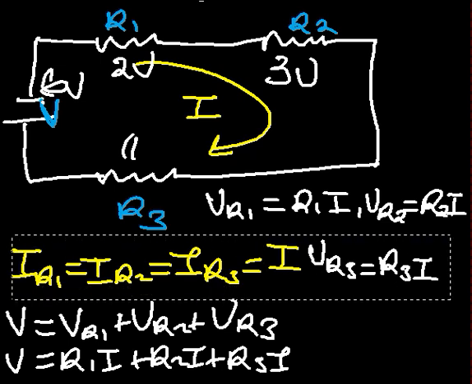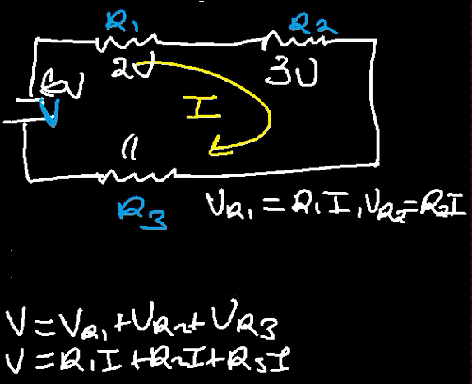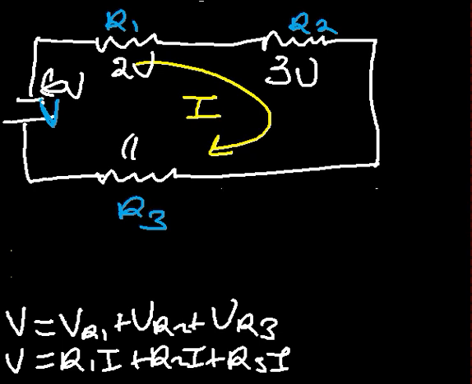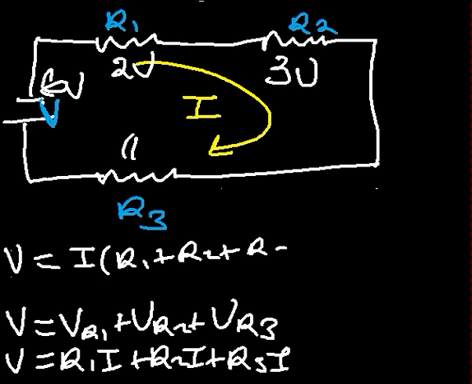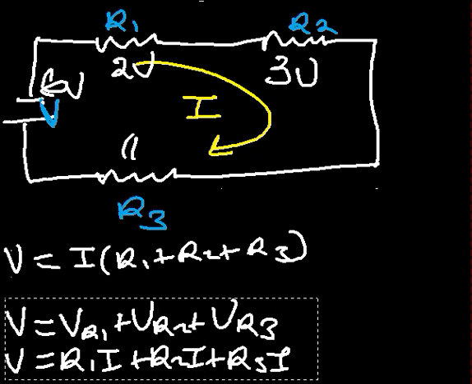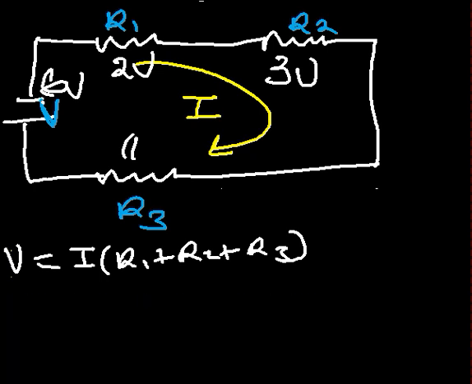Since the currents are the same, we'll have to factor them out. So now the voltage is equal to the current times R1 plus R2 plus R3. As it stands there, R1 plus R2 plus R3, what message can we depict from that information?